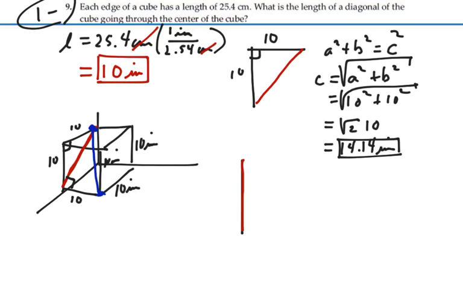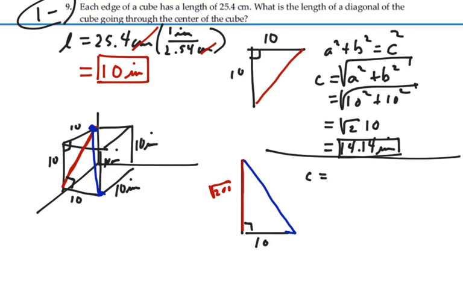So this side is the 10, and this side is the square root of 200. We want to find the length of this third side right here. It's a right triangle, so we can apply the Pythagorean theorem again. C will equal the square root of a squared plus b squared.